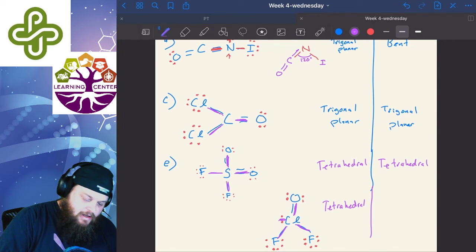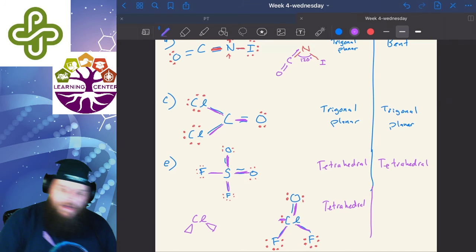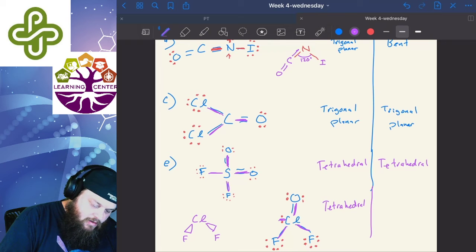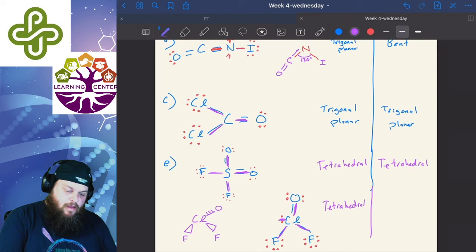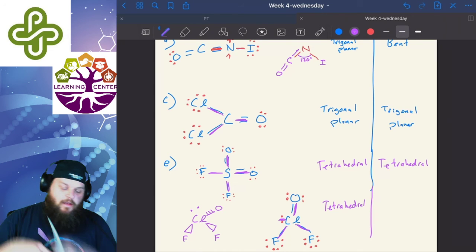I'll draw it out here. We have chlorine going down and then going back in 2 different directions. These wedges kind of mean they're coming out on my fluorines. And then I have a bond to oxygen. It's hard to draw this. Kind of going out that way. My lone pair would be sitting up on top, but it creates this little pyramid shape kind of going down where the electrons are sitting on top of it.